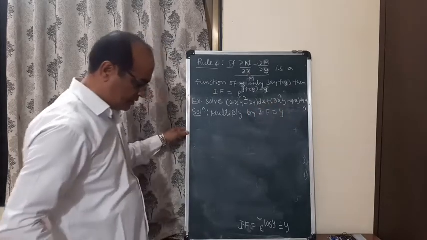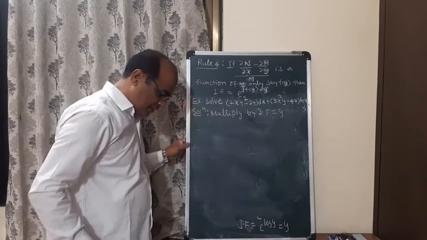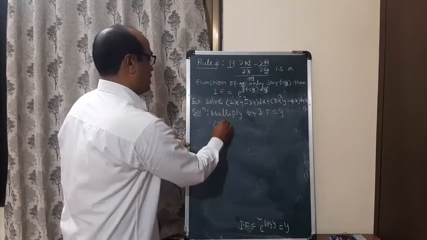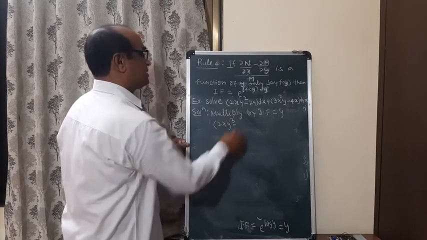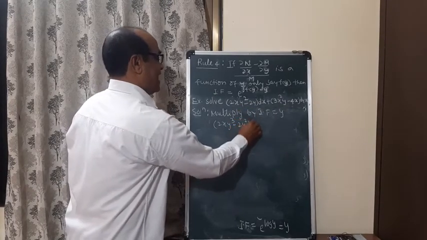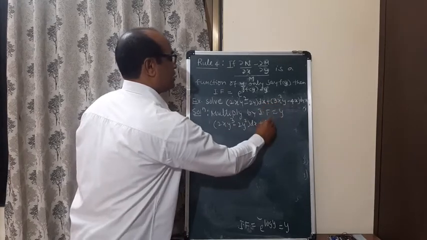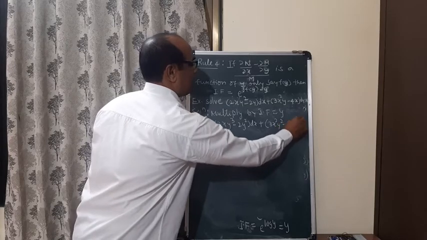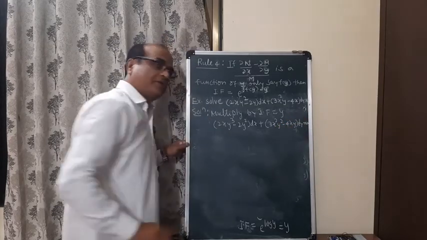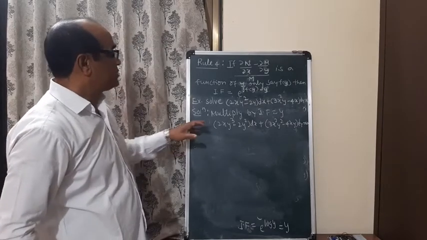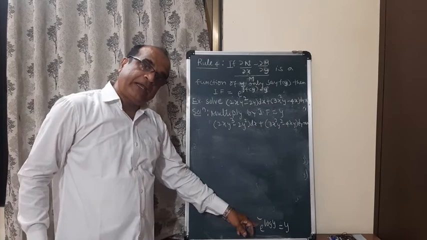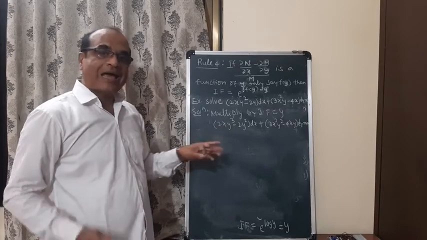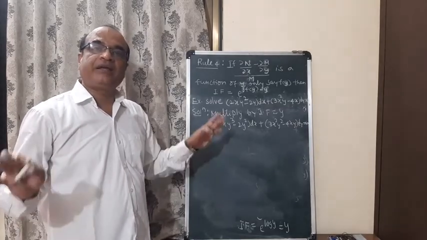So this equation becomes: (2xy³ minus 2y²) dx plus (3x²y² minus 4xy) dy is equal to 0. So after multiplying by the integrating factor, this equation becomes this, and this is an exact differential equation.